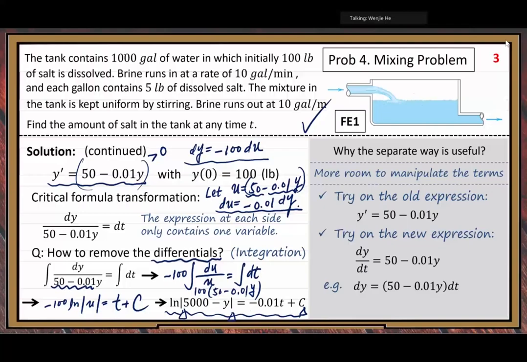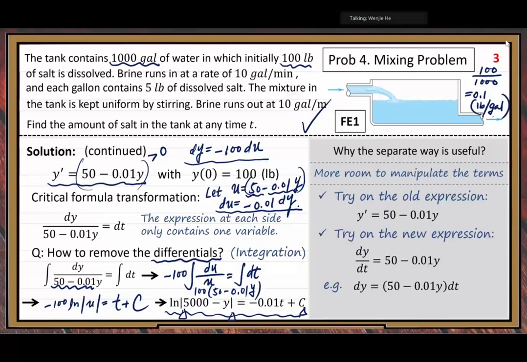When we start in 1,000 gallons of water, the amount of salt is 100 pounds. Now let's calculate the initial density of the salt in the mixture. Initial density is it 100 over 1,000? That is 0.1 pound per gallon, right? That's the initial density.